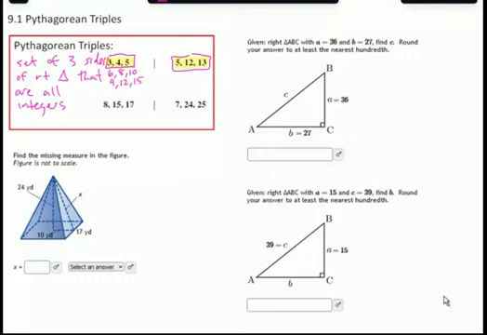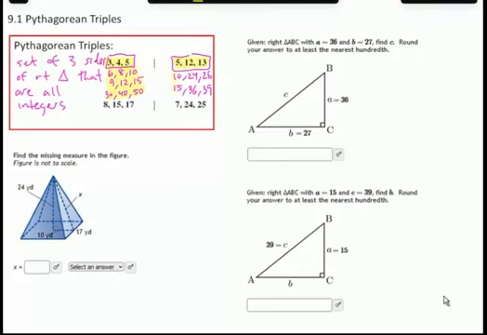If you multiplied by 10, you would get 30, 40, and 50. Any multiple of these common triples is also going to be a right triangle. Okay, so 5, 12, 13, same kind of thing. If you double it, you'd see 10, 24, 26. If you tripled it, 15, 36, 39, and so on.